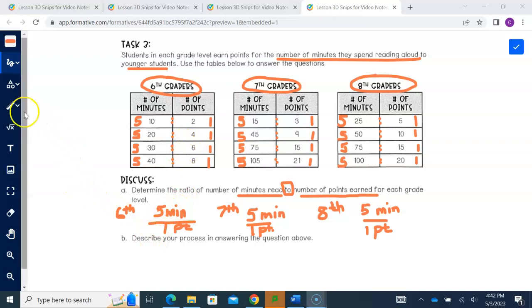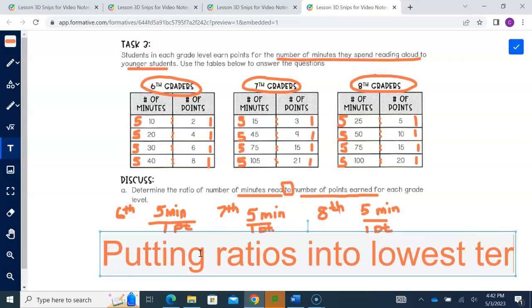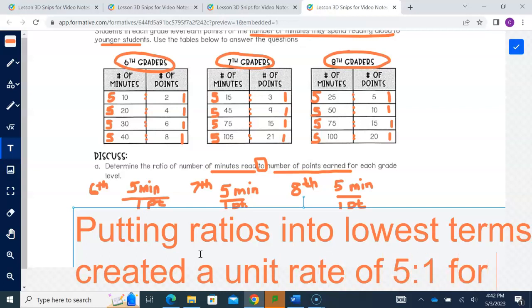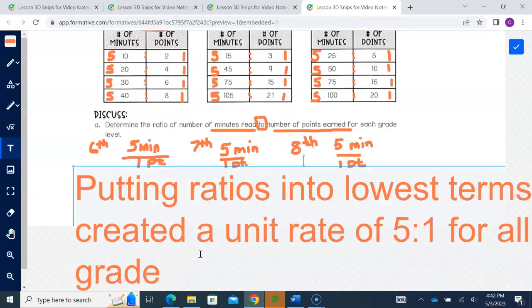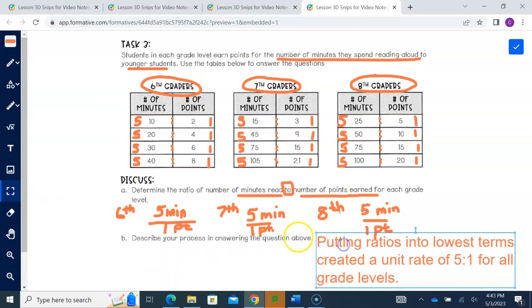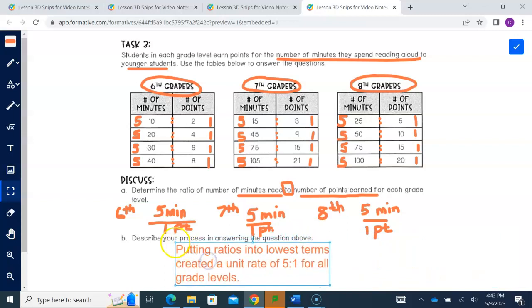The process of answering this question above was simply putting ratios into lowest terms, which created a unit rate of 5 to 1 for all grade levels. Which means they all had the same point values when they did this reading piece to the younger students. So it made it easy to compare them. They were all the same. Not like the previous problem.